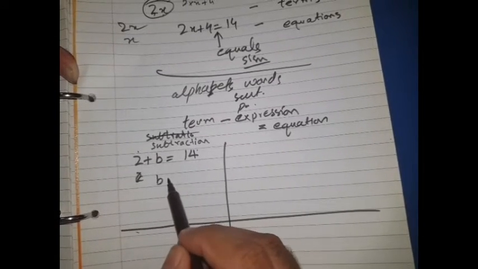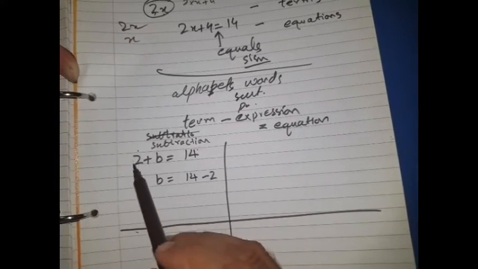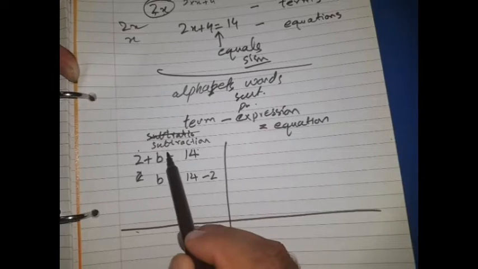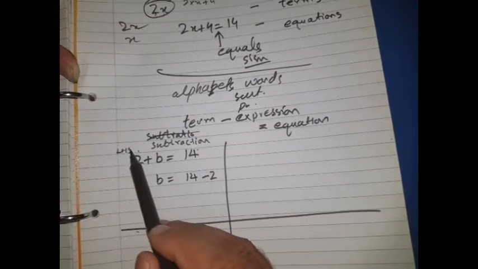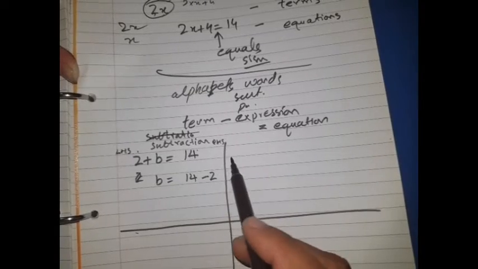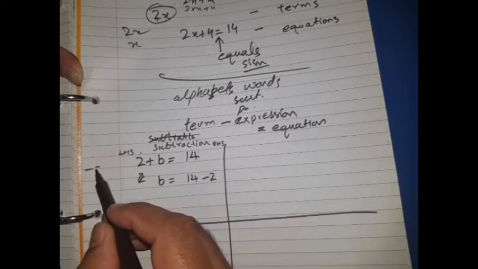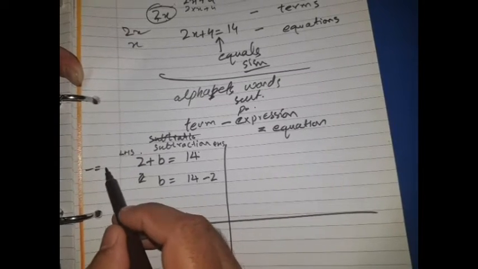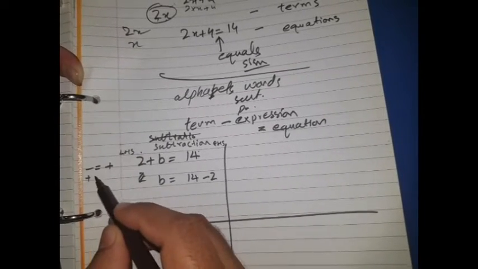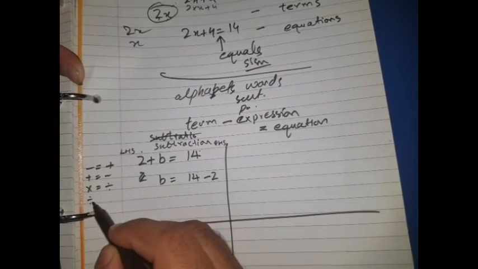So b stays here, and 14 minus 2, because we know that if we are moving any value from the left hand side of the equals sign to the right hand side, the signs change. If it is minus, on the other side it will turn into plus. If it is plus, it will turn into minus. If it is multiplication, it becomes division, and division becomes multiplication.